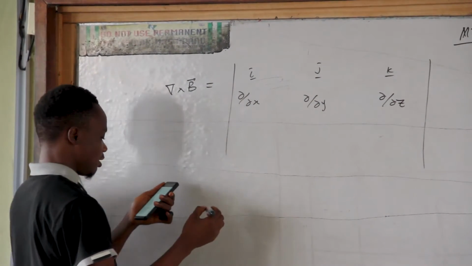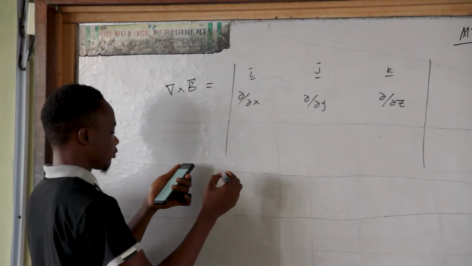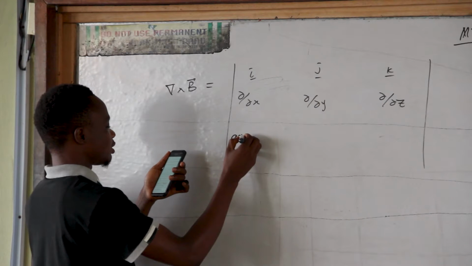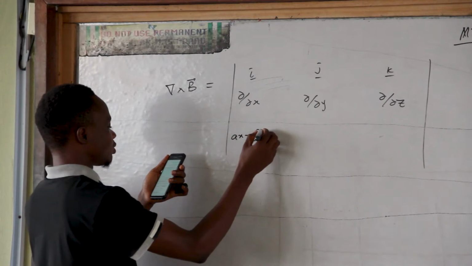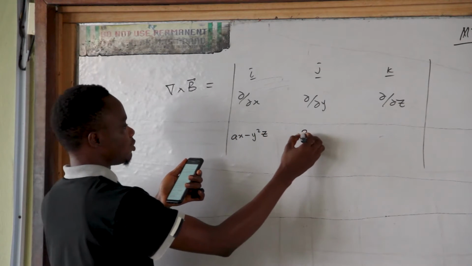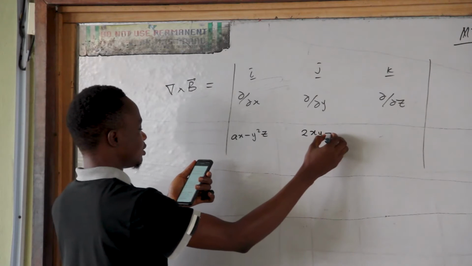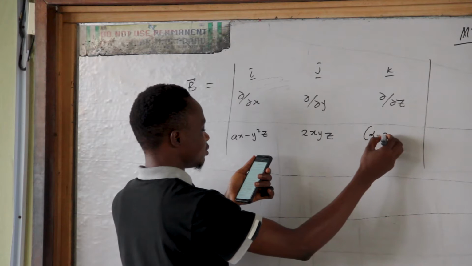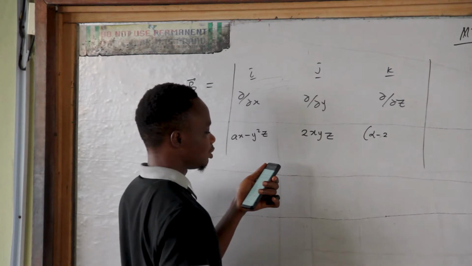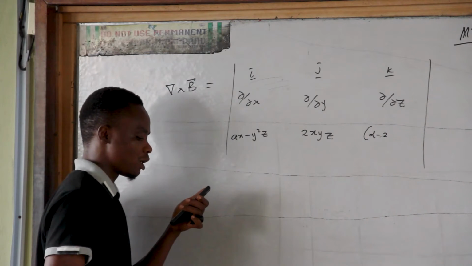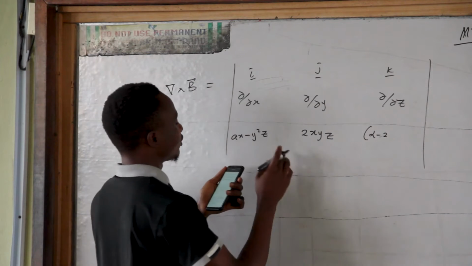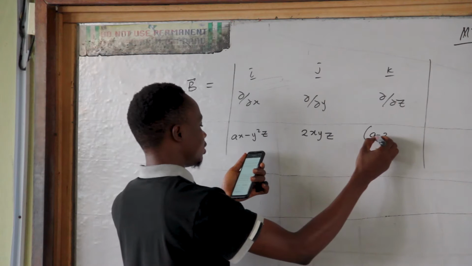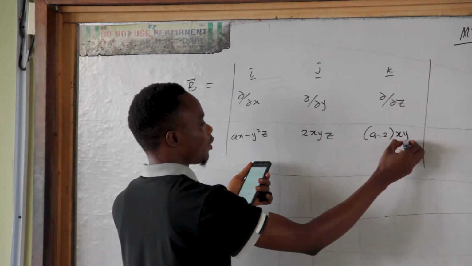I have these to be x minus y squared, 2xy, alpha minus 2, minus xy.